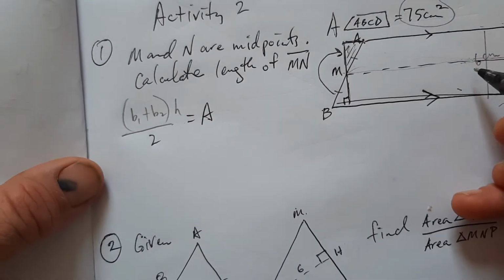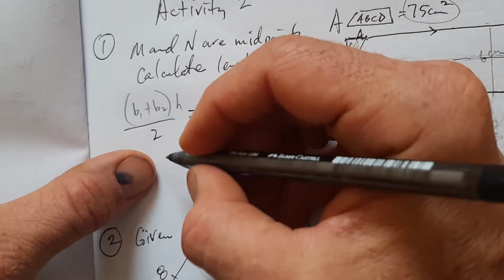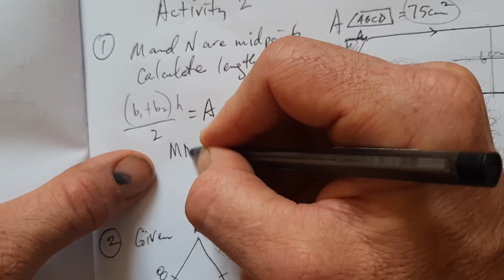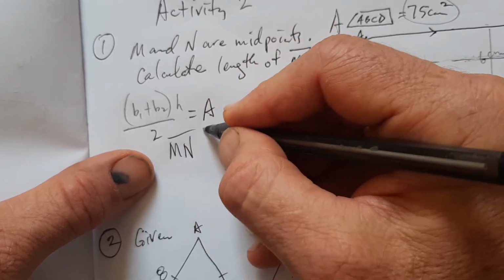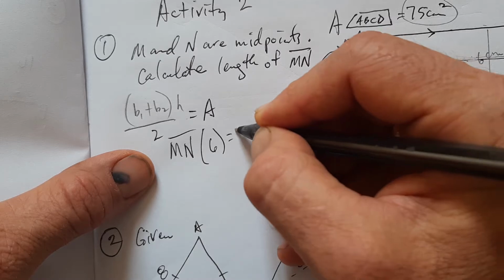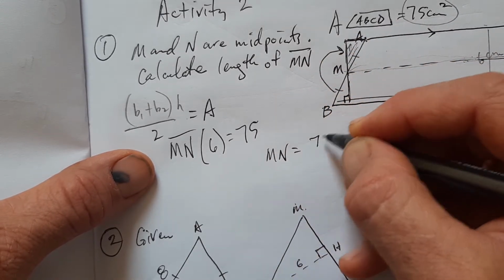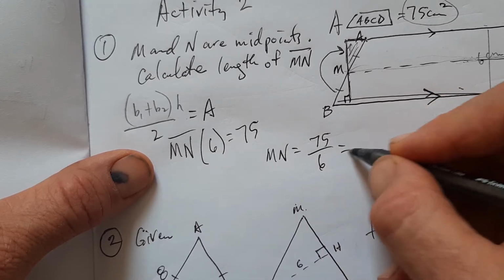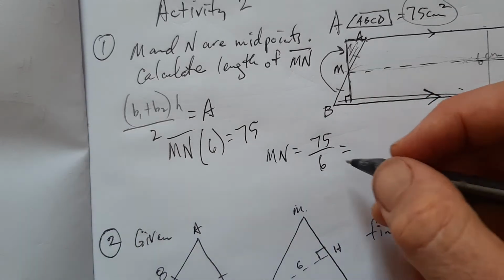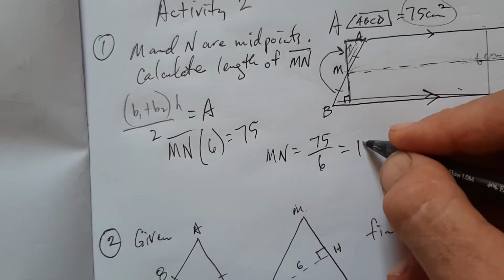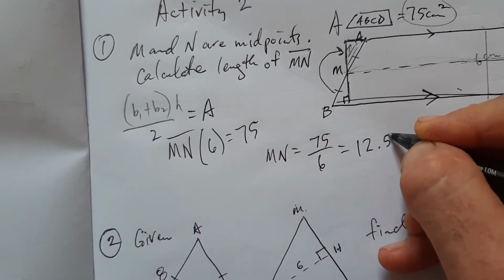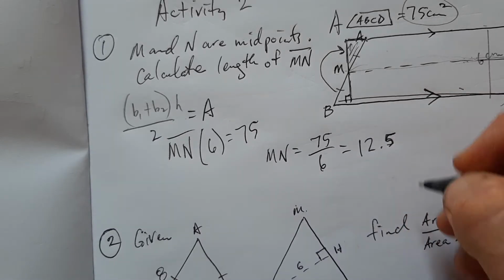And the height is 6. So I've got the length of MN times 6 equals 75. So MN equals 75 divided by 6, which is 12.5 centimeters or whatever.